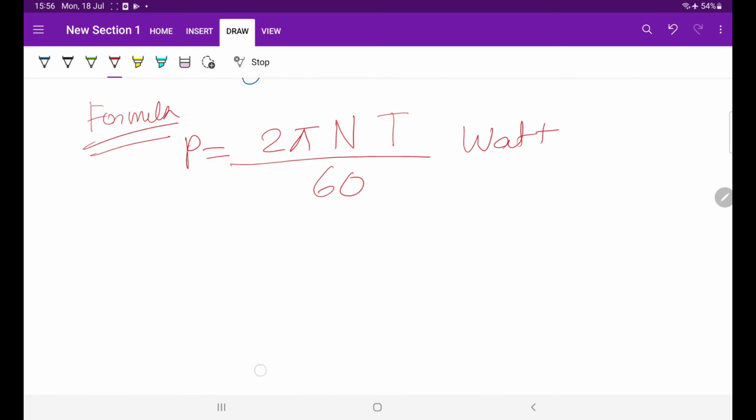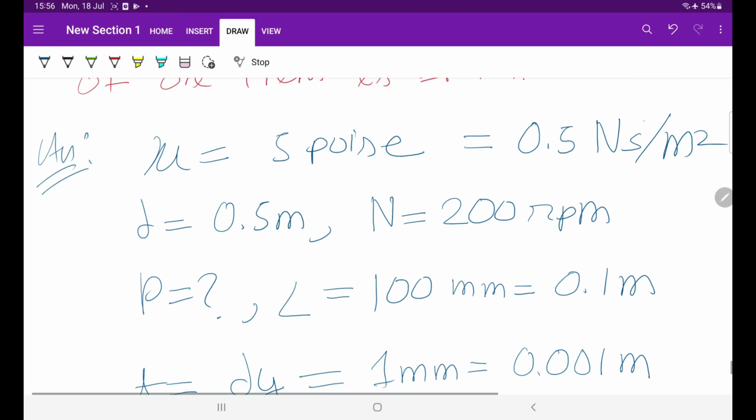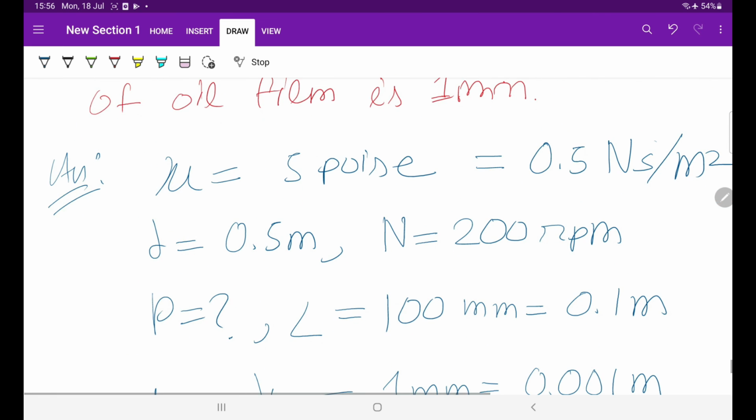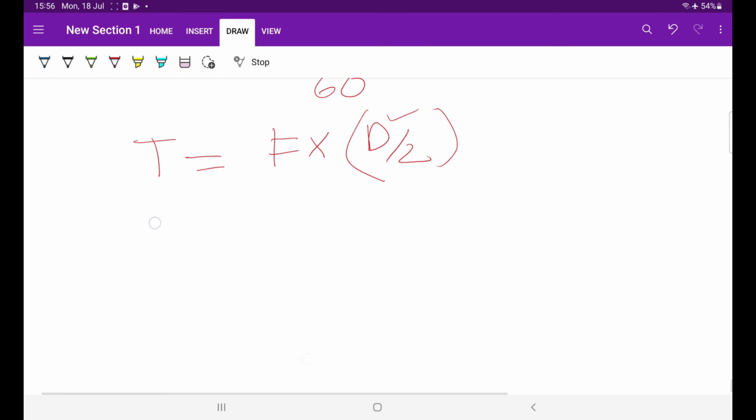Okay, now how is the torque found out? Torque is equal to force into d by 2. Now d we know already, 0.5 meter, so d by 2 we find out. And how do you find out the force? Force is equal to tau into area. Now how do we find out the area?